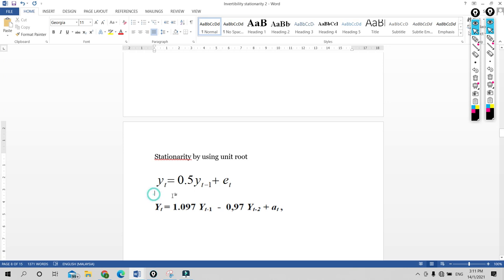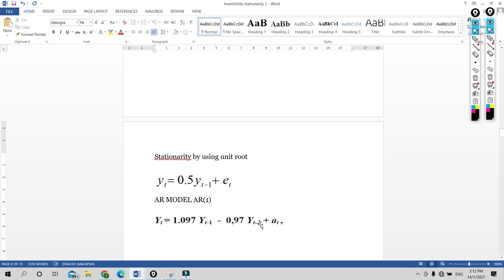This is considered as an AR1 model because the current data depends on the previous data.